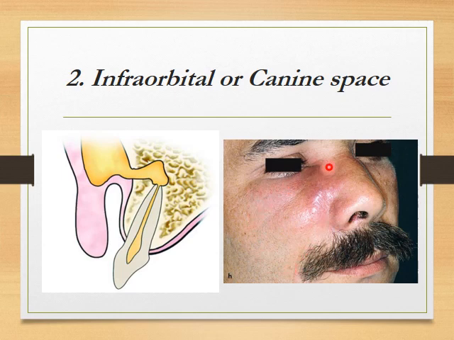This is the area of involvement of canine space infection. I see swelling, edema and redness all over this area. There is also obliteration of the nasolabial fold; here I can't see the nasolabial fold due to the swelling. Also, if I open the patient's mouth, I see obliteration of the mucobuccal fold, because the swelling presents itself extraorally and intraorally.